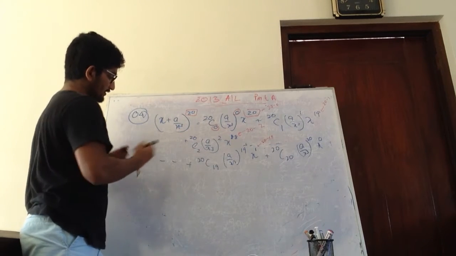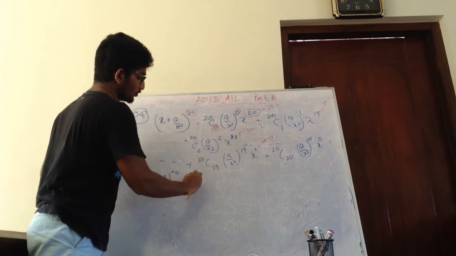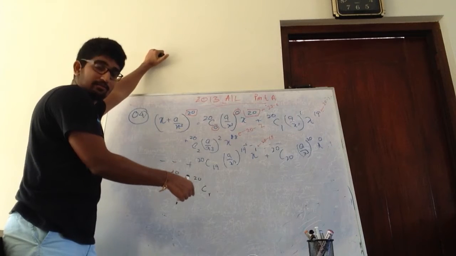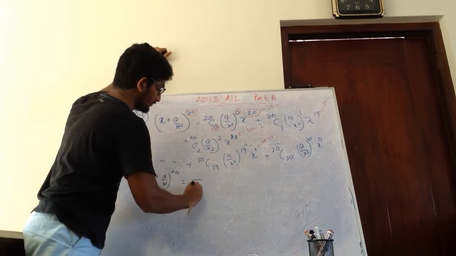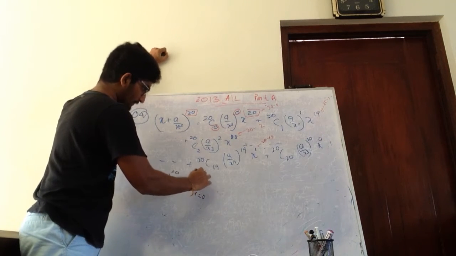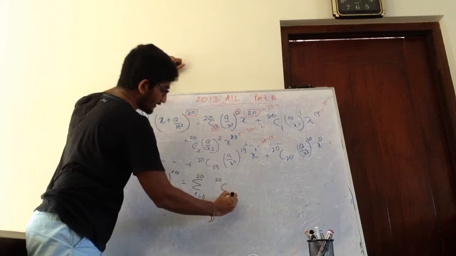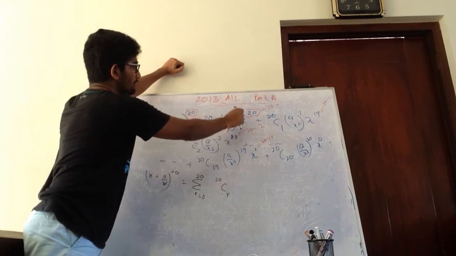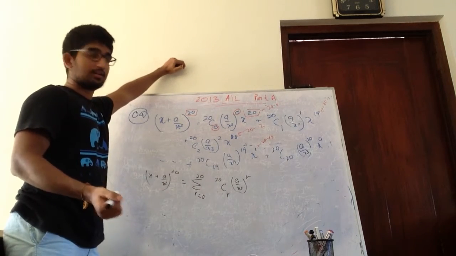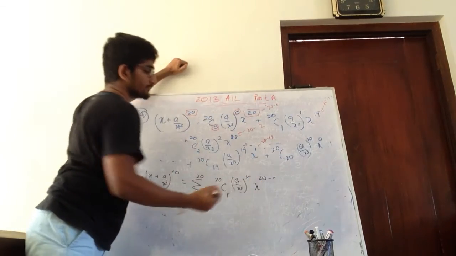So you can write this as the sum of 20C r, from r equals 0 to 20, where r is the index, so (a/x^3)^r, and then x is going to be to the power of 20 minus r.